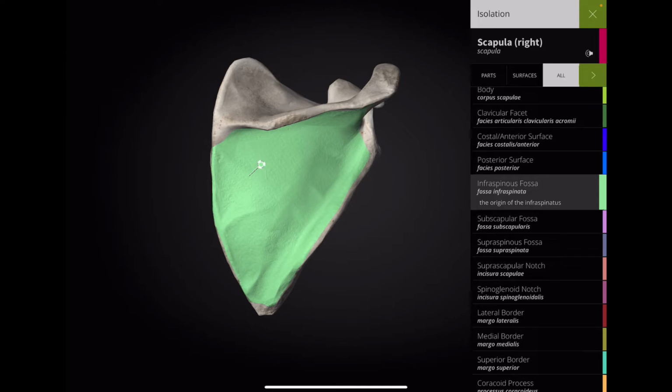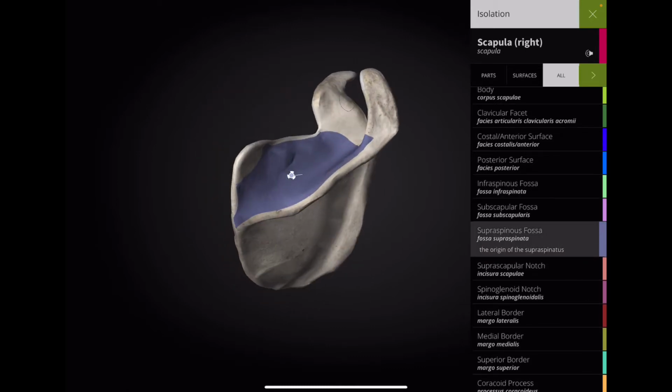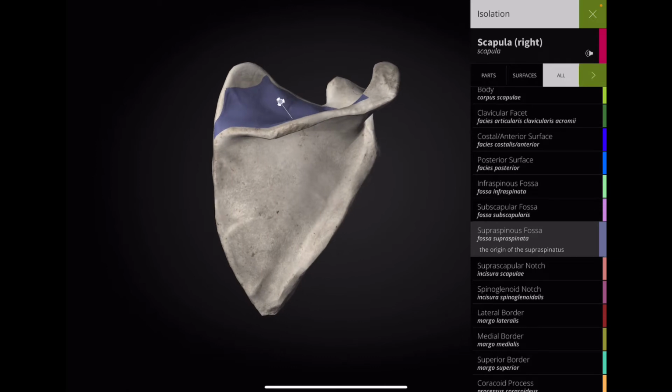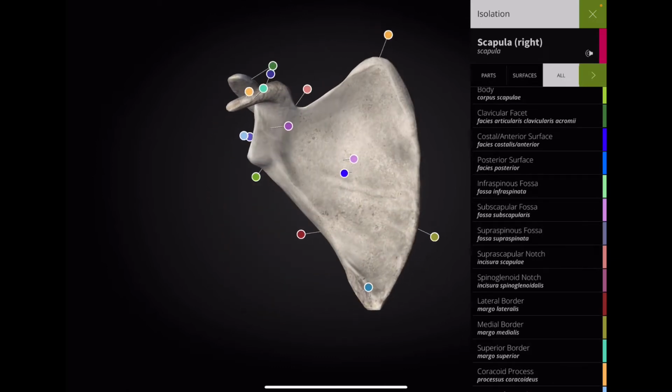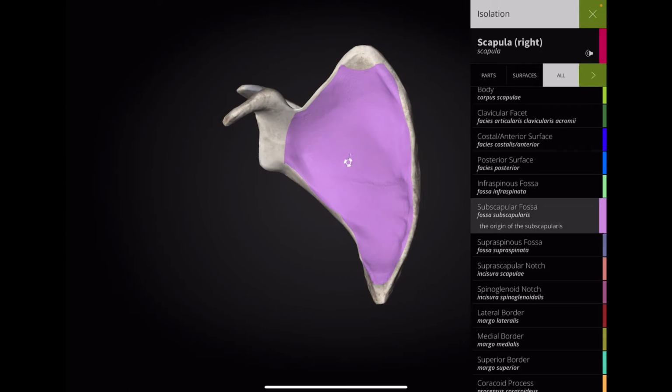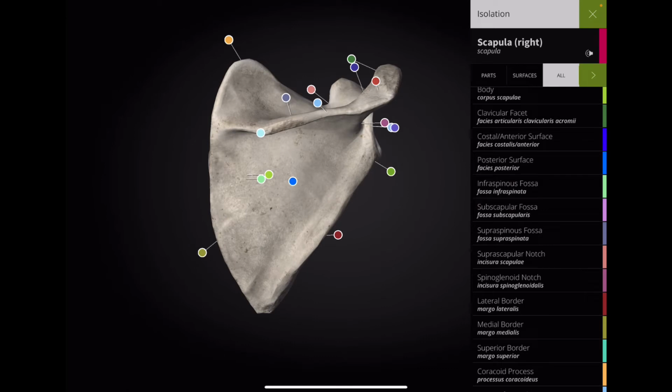So there are two muscles on the posterior aspect. You get the infraspinatus within the infraspinous fossa, and you also get the supraspinatus from the supraspinous fossa. While on the anterior aspect or costal surface, you get the subscapularis muscle. Okay, so that would be all in terms of subdivisions.